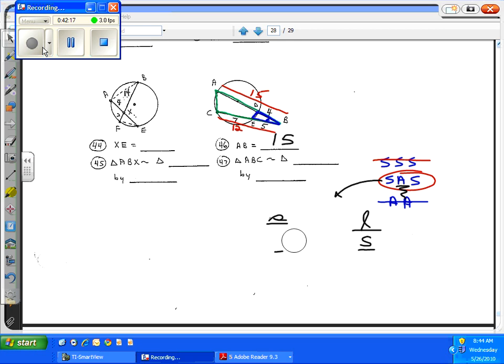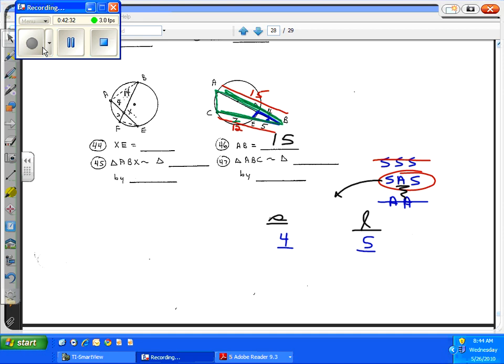Now in the blue triangle, we've got 4 and 5 as the sides of angle B. So we're going to put small 4, large 5 over. When we go to the whole big green triangle, let me just color code this in blue. The little blue triangle, the sides of angle B are small 4, large 5. The whole big green triangle, the sides of B are 12 and 15.